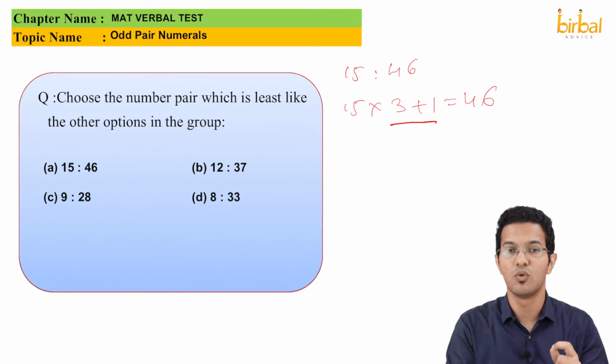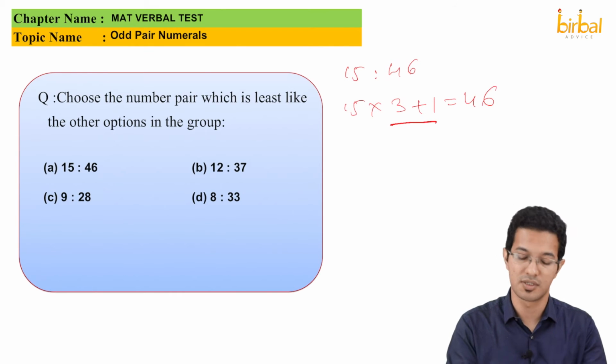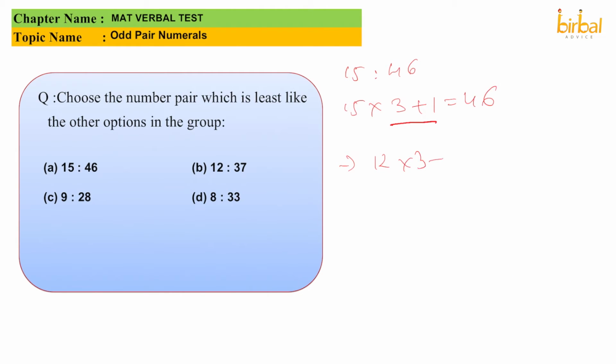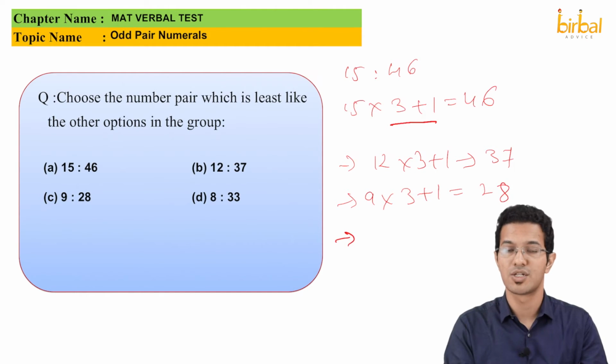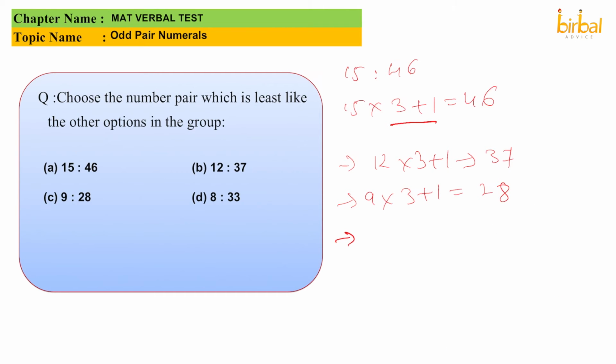Let us see if the rule applies to the next options. So as of now, option A, B and C are following the pattern.